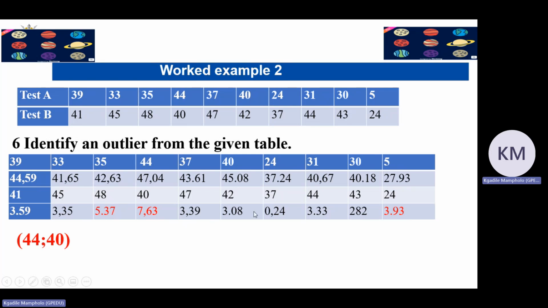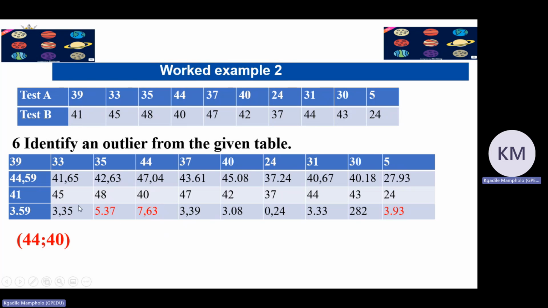You can see in all the four, the only plot which has a large difference between the estimated mark of test B and the actual mark of test B is the coordinate where we have 44 and 40.